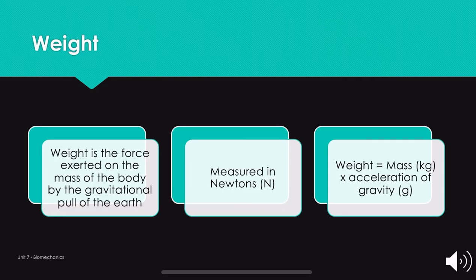Weight is the force exerted on the mass of a body by the gravitational pull of the Earth, which is roughly 9.8 meters per second squared. Weight is calculated in newtons, and there are many sporting examples where weight can have a positive or negative effect on performance depending on the sporting situation.